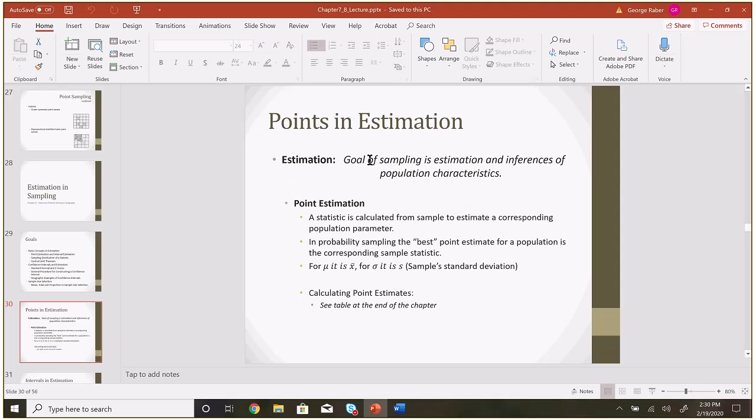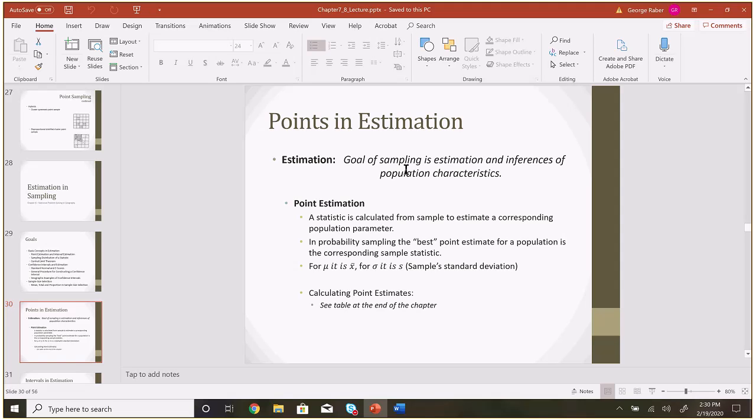So first of all, this kind of should have gone on the first slide, I guess, but here the goal of sampling, in our case and in most cases, is estimation, inferring the population characteristics. So we're going to talk about three today, and they're the most common ones. What's the real mean?